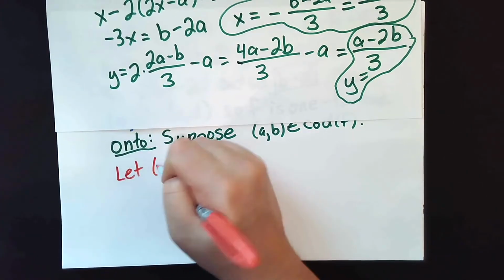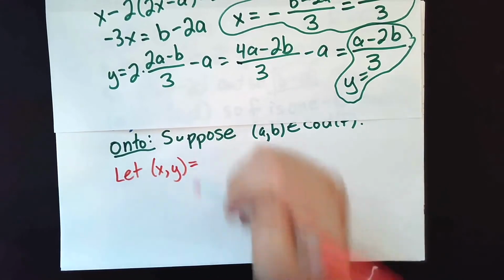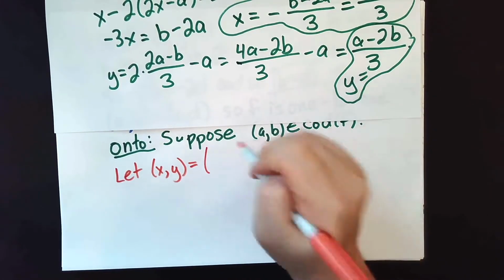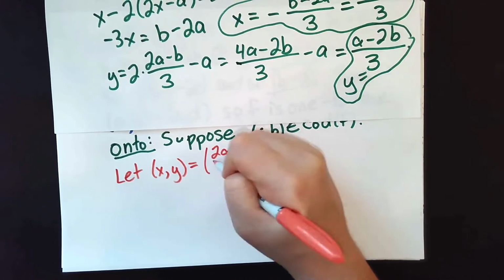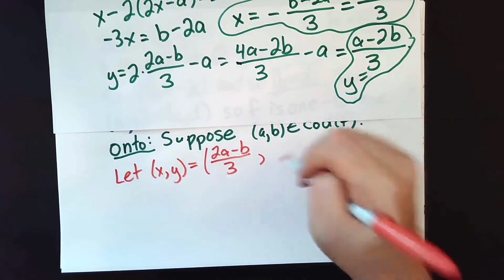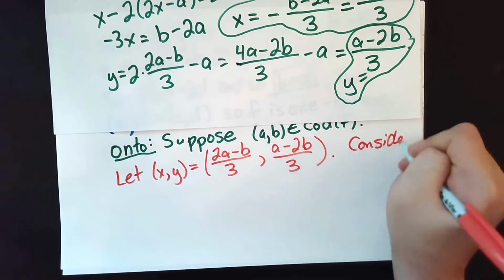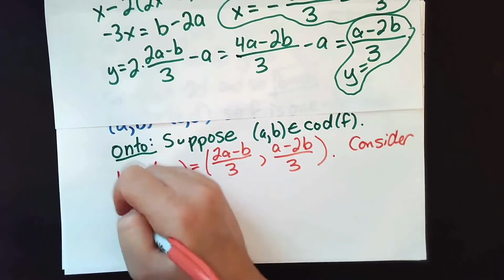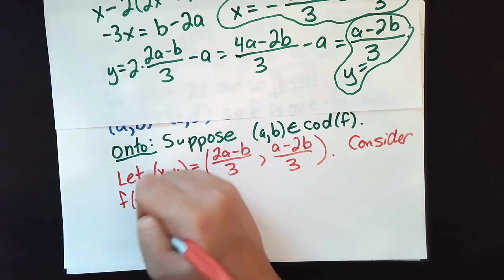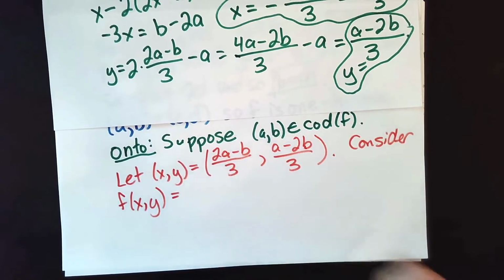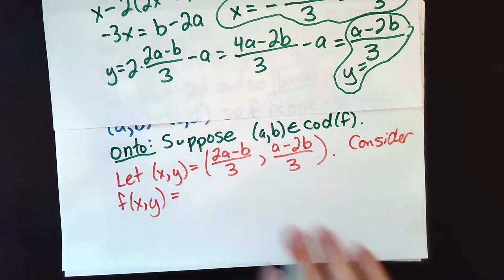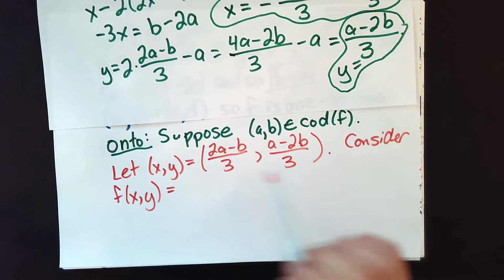Let x comma y equal, and so this is 2a minus b over 3, comma a minus 2b over 3. And now really all I have to show is that if I take f of this, I get a comma b. So f of x, y, if I just apply it straightforwardly, is going to be what?